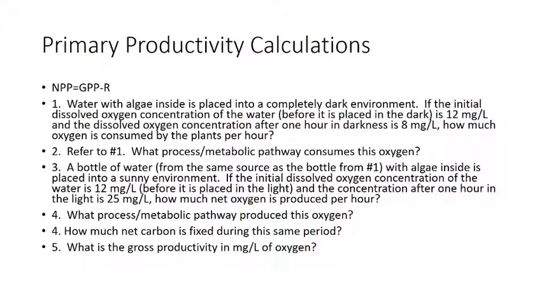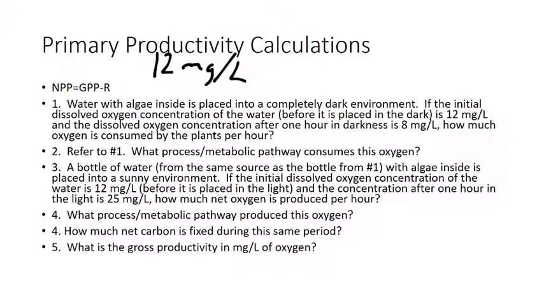So this is a straightforward problem. We're starting out with 12 milligrams of oxygen per liter of water. That's how much DO we're starting with. After an hour, we only have 8 left.